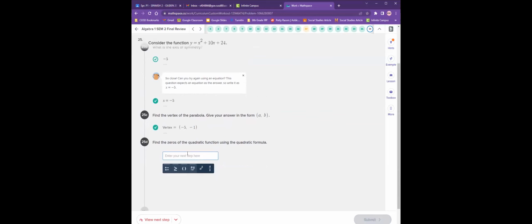Now find the zeros. This is where you set the quadratic equal to 0. Because you set x squared plus 10x plus 24 equal to 0 and maybe factor. It's not a perfect square. It's going to be 6 and 4.